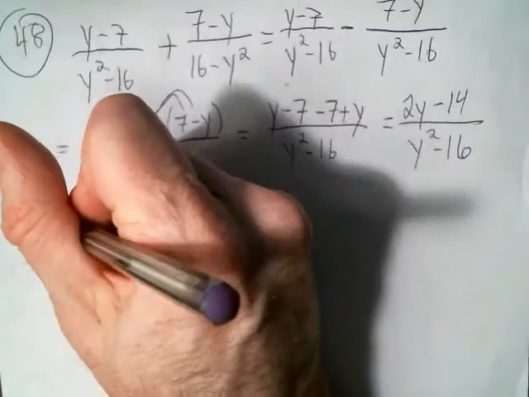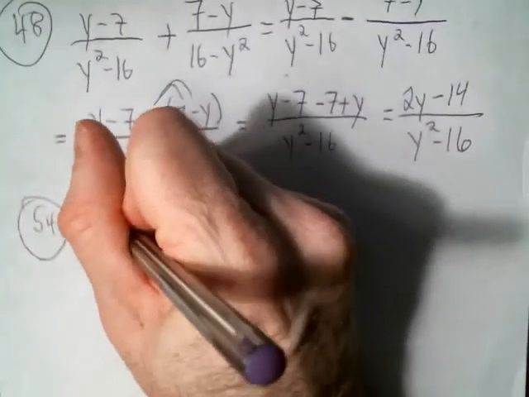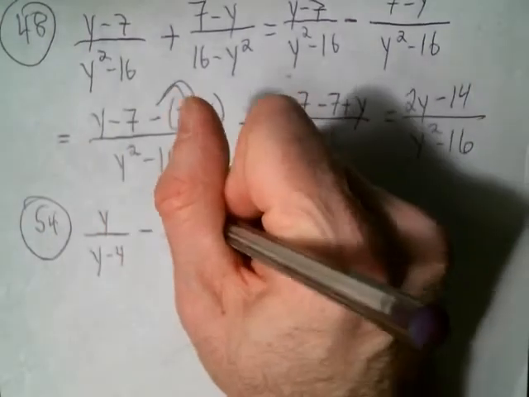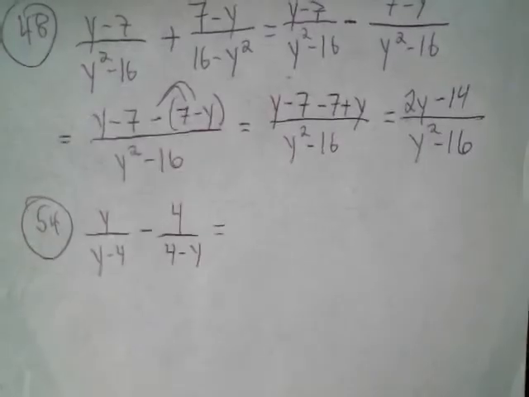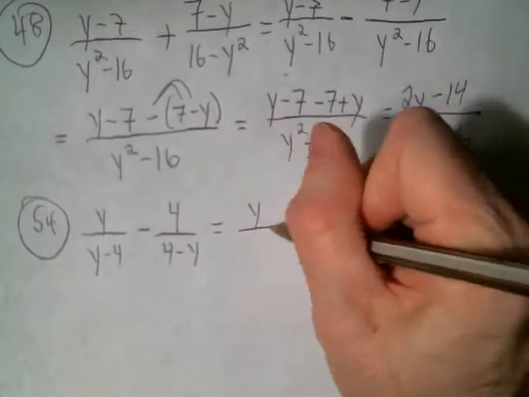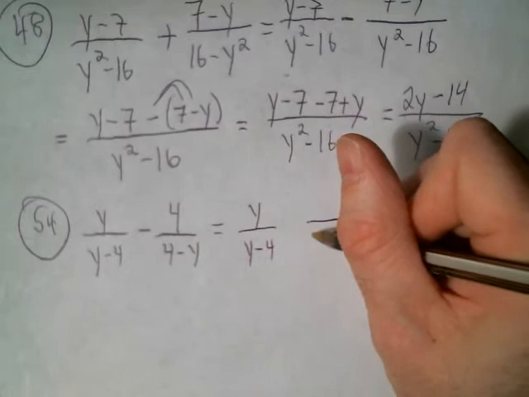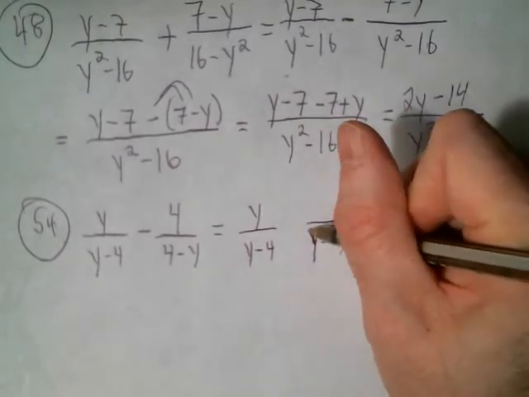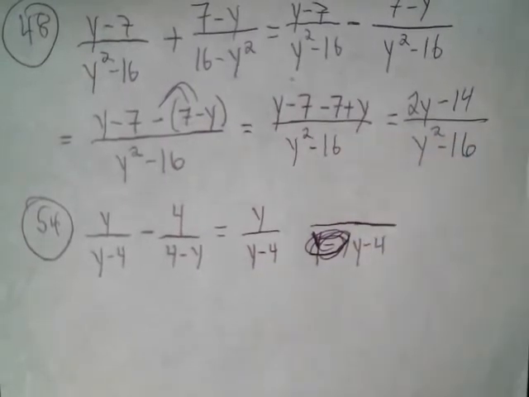Let's look at 54. Okay, opposite denominators again. So reverse the direction. This will now be y minus 4.